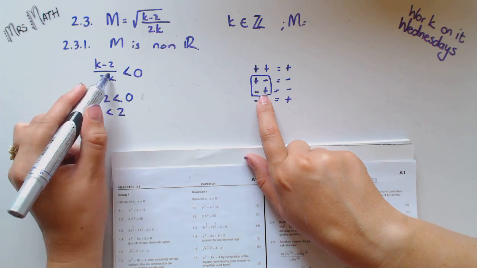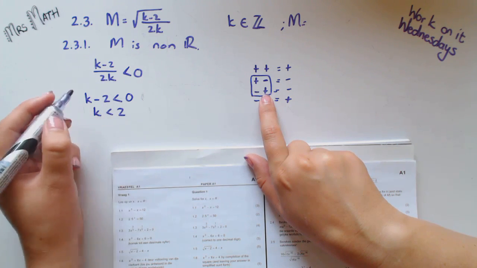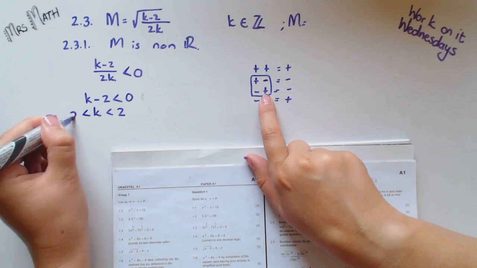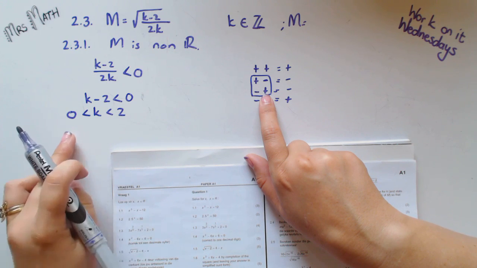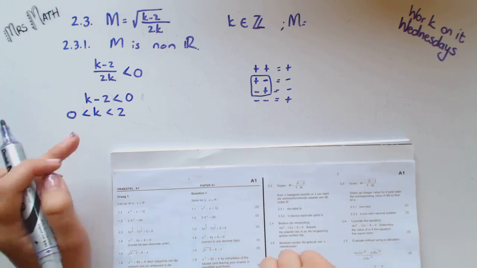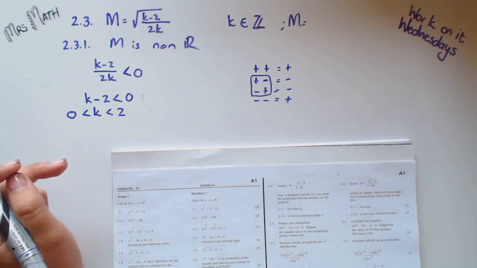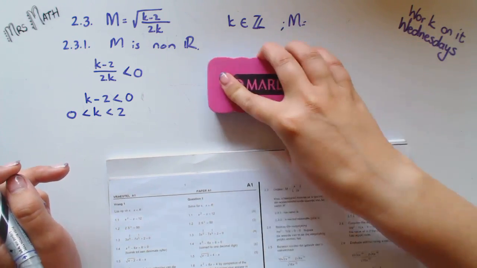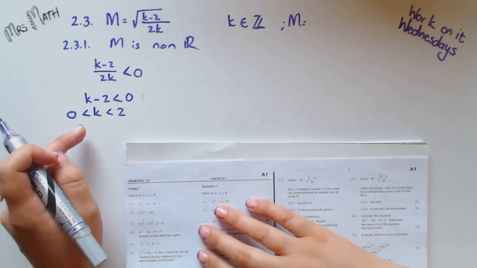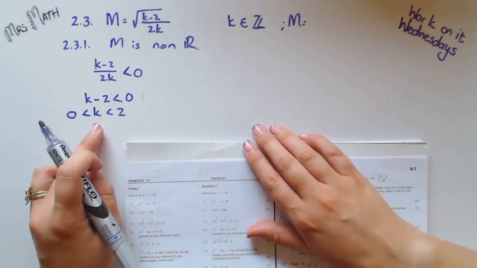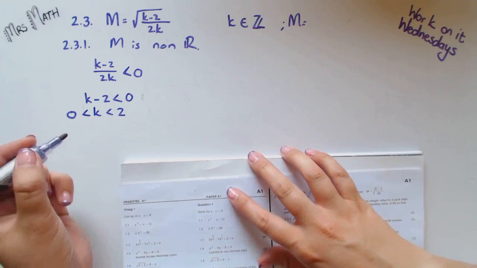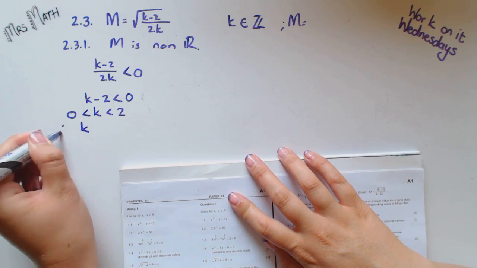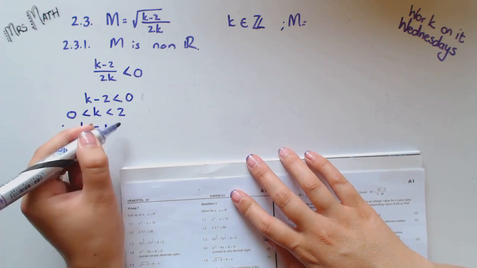Now if k is smaller than 2, to keep this bottom number positive, I must also have k positive, so that 2 times k will still be positive. So the k values that I'm looking for are k between 0 and 2, where m is non-real. Now they said k must be an integer. The only integer that lies between 0 and 2 is then k equals 1.